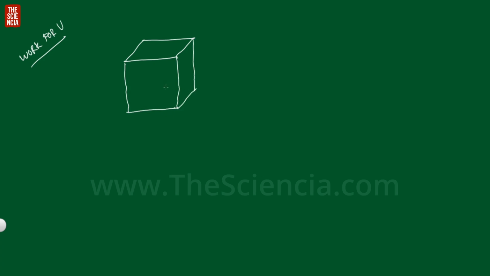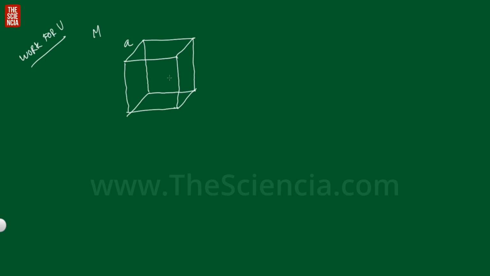So I am giving you a work. The problem is the same one. It is a cube and you have to find out the moment of inertia tensor of this cube and also find out its principal moment of inertia. This is the cube and its total mass is m and each side is a.